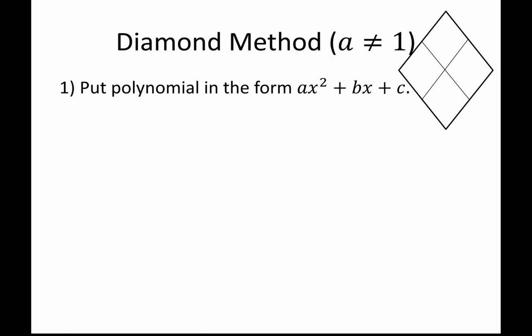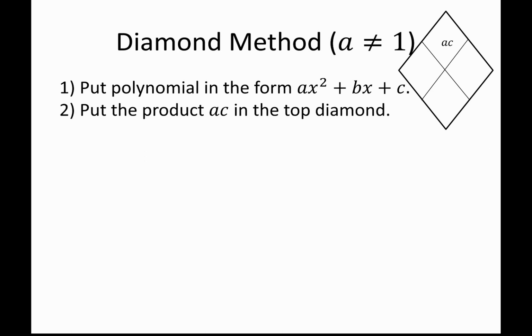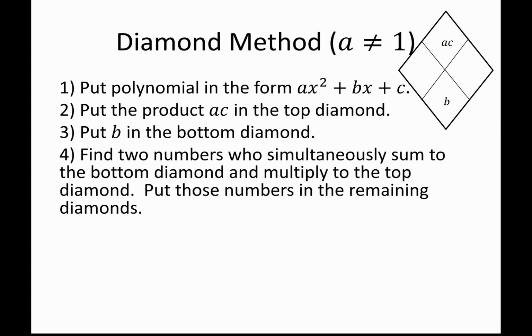And also this second step is slightly different than the previous method where a equals 1. So since we have something non-trivial in this position right here, it's actually the product of a times c that goes in the upper diamond. The lower diamond is still populated with the value of b, the coefficient of the middle term, and then you still find two values that multiply to give you this top value, a times c, but simultaneously add to give you the value down below in b.